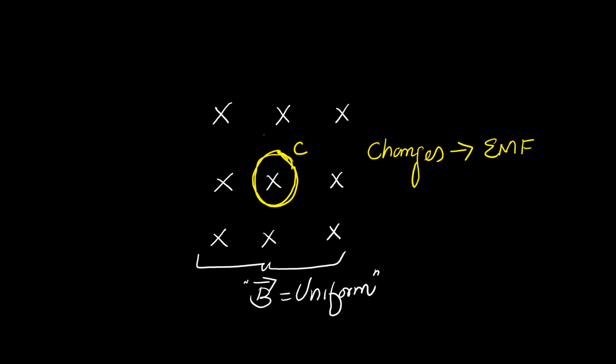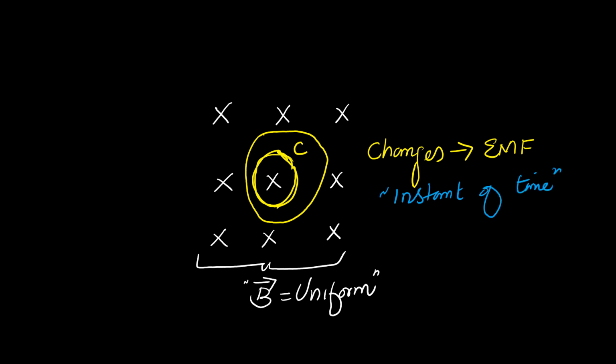If this wire expands like this, or it contracts, then continuously at a particular instant of time there is a generation of electromotive force due to the change in the shape of the wire.